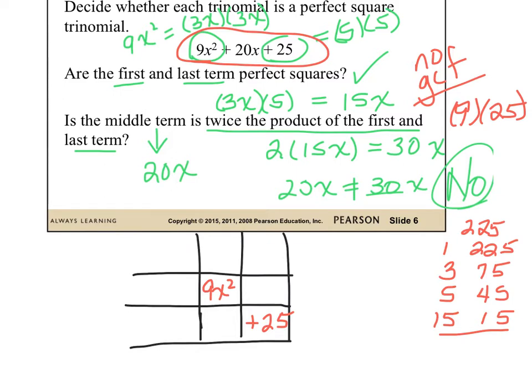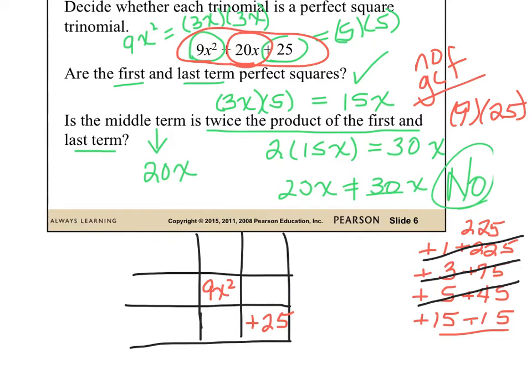So what happens here is that we look to see if any of these add up to 20. And again, that's positive 20, and both of these are positive. And so this is 226. It doesn't work. This is 78. Nope, that's not 20. This is 50.